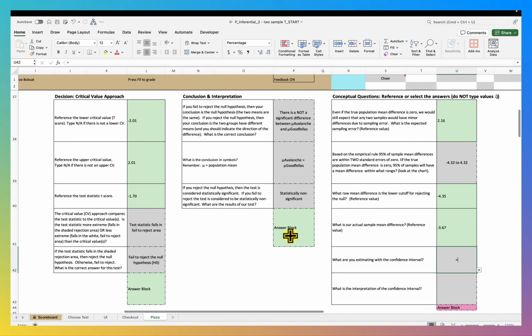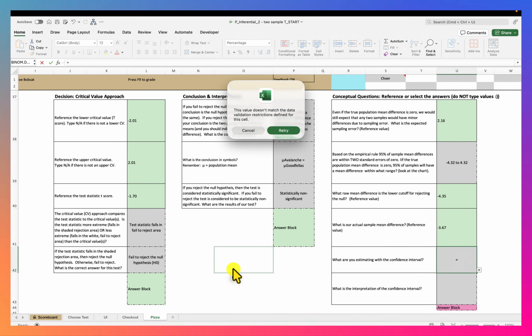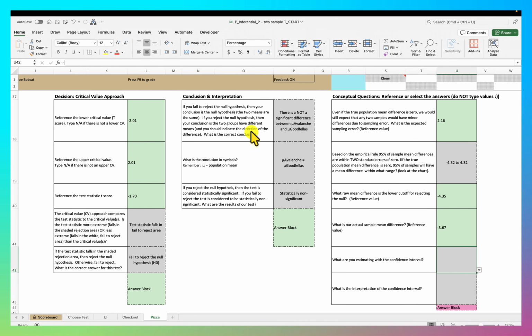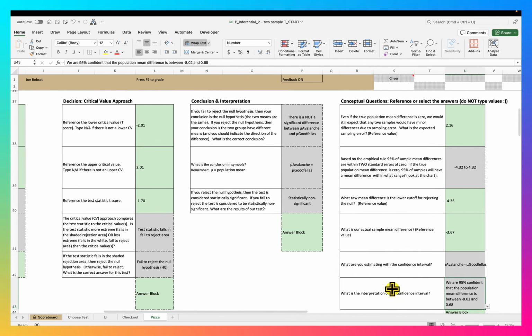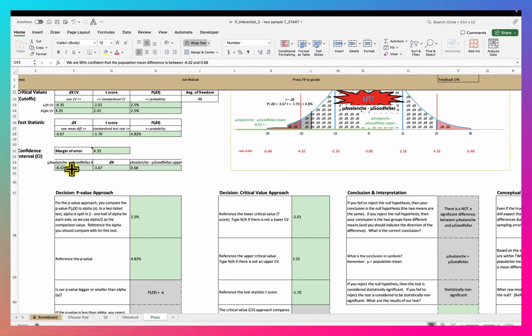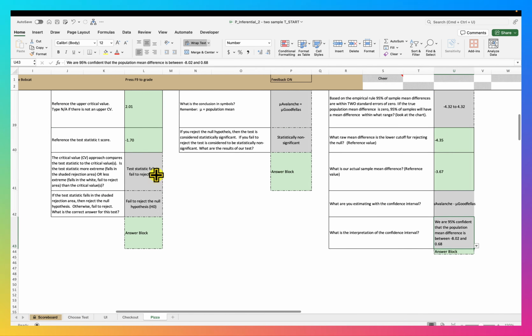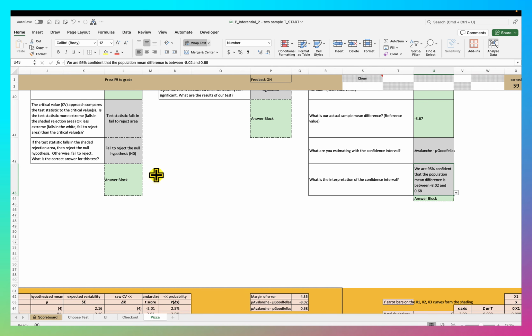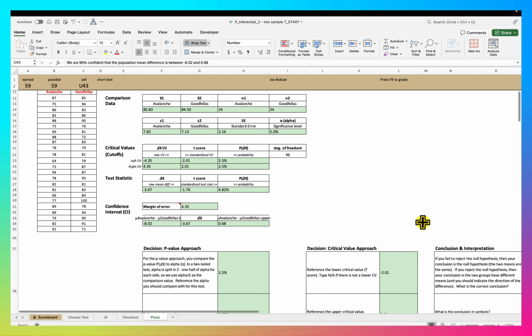And what are we estimating? Oops. Sorry. What are we estimating with the confidence interval? I guess I shouldn't have put an equal sign. So we're estimating the difference between the two population means, and our interpretation is that, I think those are the right values, yeah, from negative 8.02 to 0.68. So it looks like we're good to go.